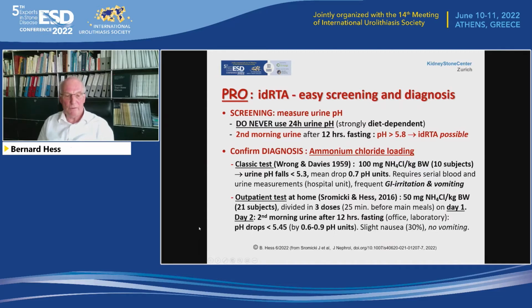After an overnight fast of 12 hours on day 2, we measured the pH in second morning urine, and if the pH dropped below 5.45, 0.6 to 0.9 pH units in our subjects, this was the normal pattern. This test never caused vomiting and only slight nausea. So we basically get the same, because the major criterion of the Wrong and Davis test is the drop in pH.